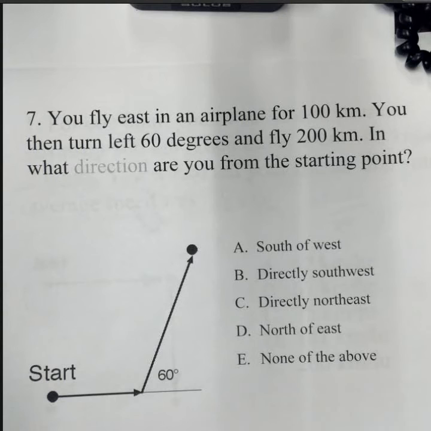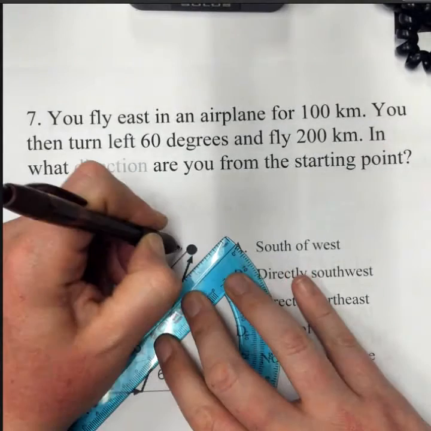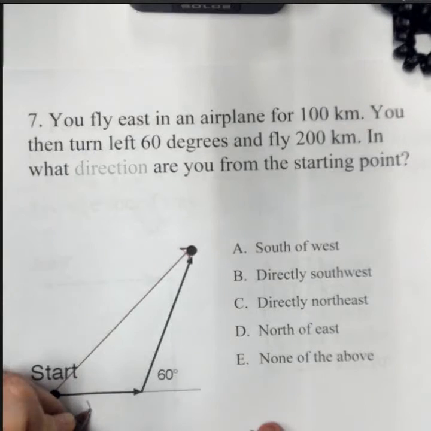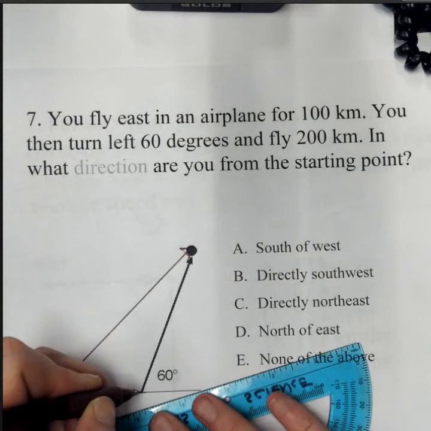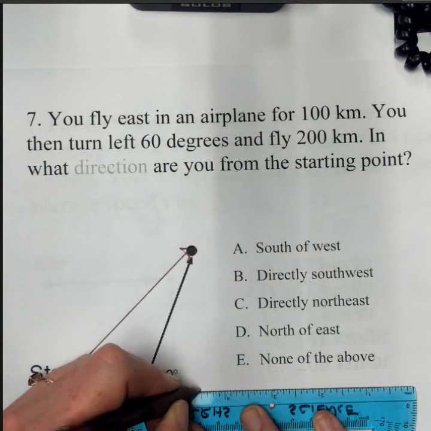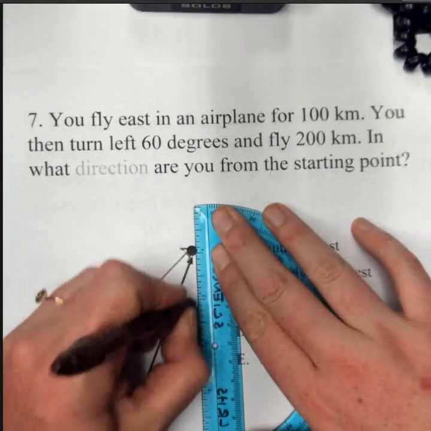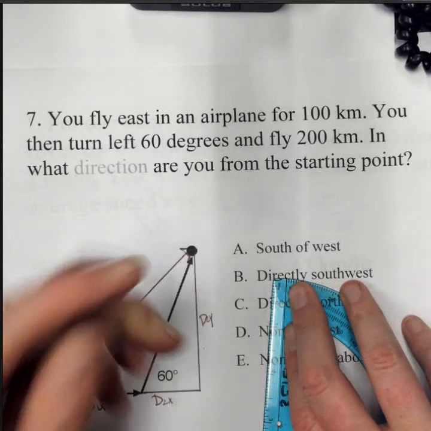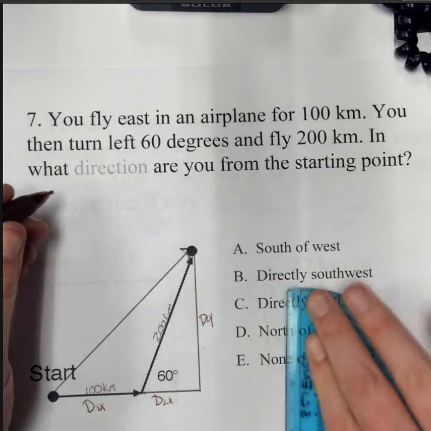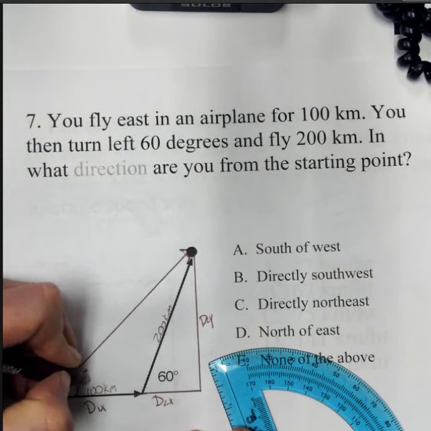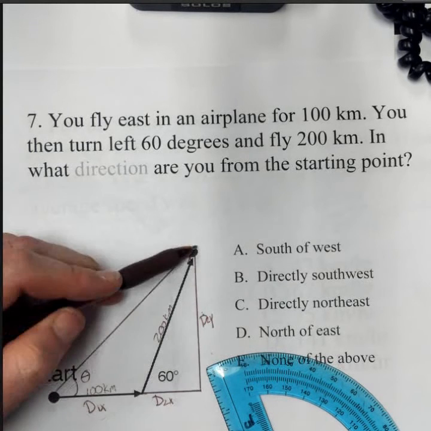Well, we know now that our resultant vector, dr, is a result of having traveled in the x direction first 100 kilometers straight east, and then the x component of the second vector, and also for having traveled in the y direction. Right, and this is 100 kilometers, and this was 200 kilometers, and so we know that if we're going to find the direction, we need to find the relationship between the total distance traveled in the x direction and the total distance traveled in the y direction.